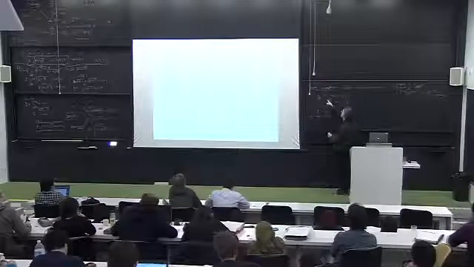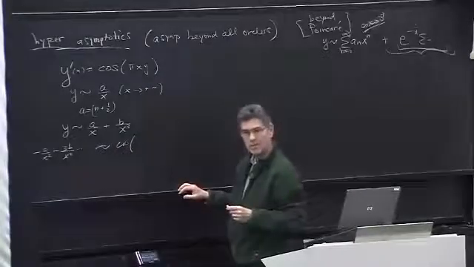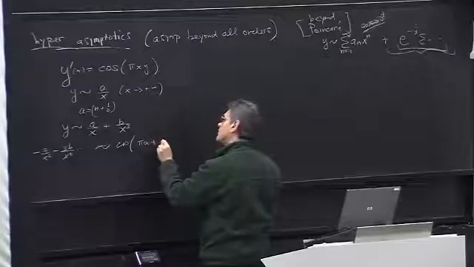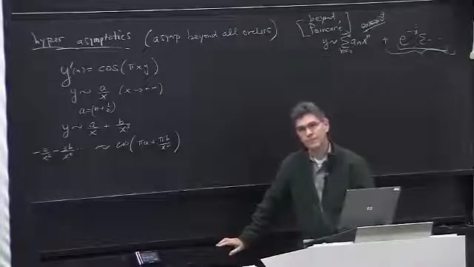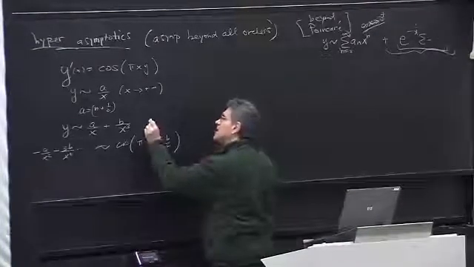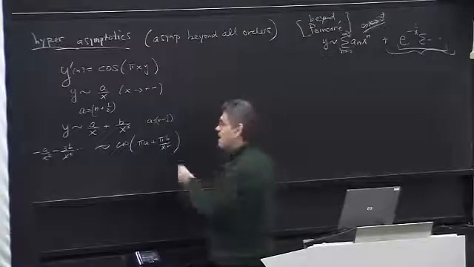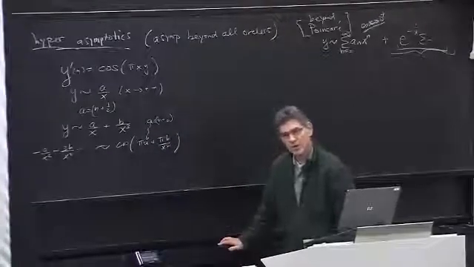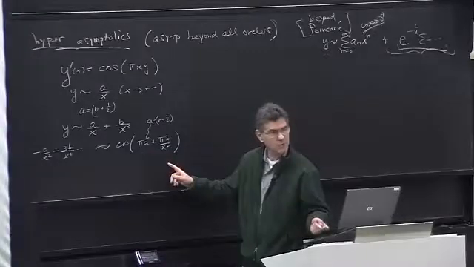And this would have to be asymptotic to cosine of pi xy. Pi xy would be pi a plus pi b over x squared. But if a is n plus 1/2, and I plug that in here, I would have pi times n plus 1/2.